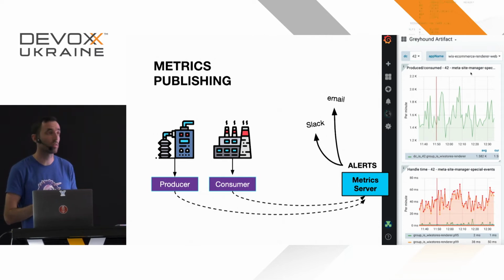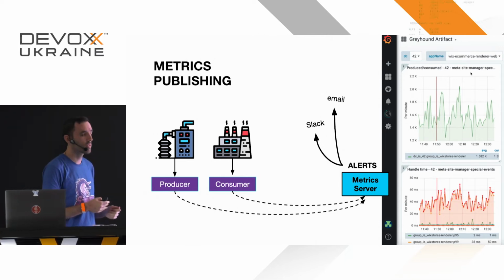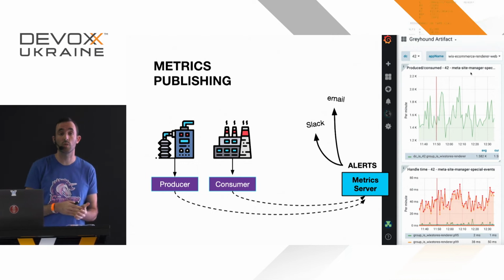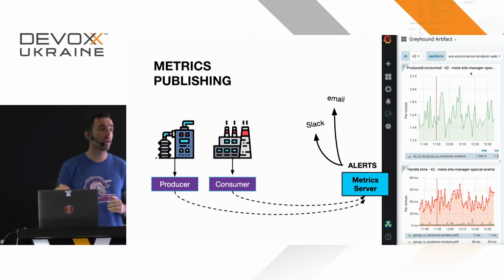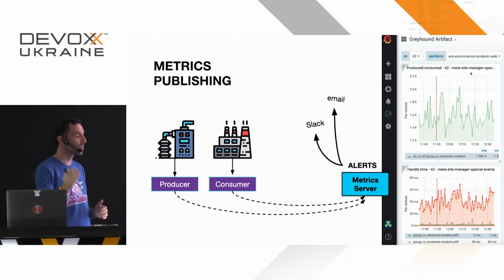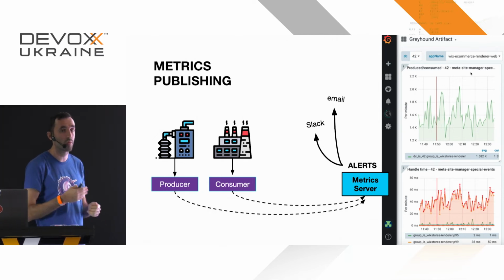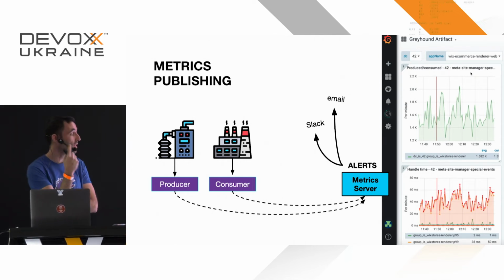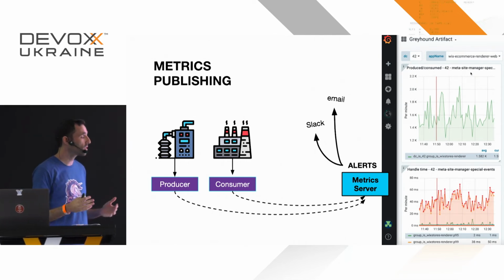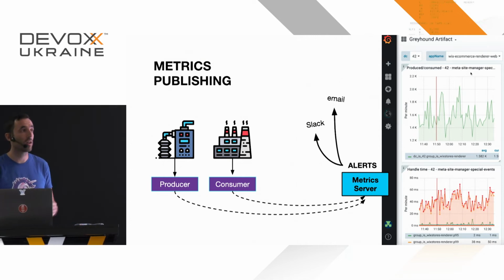Both the producer and the consumer will produce these metrics, and you'll see how many messages are produced or consumed at certain points for each topic and group, and how much time it took to process one message, error notifications, lags, and all of these.